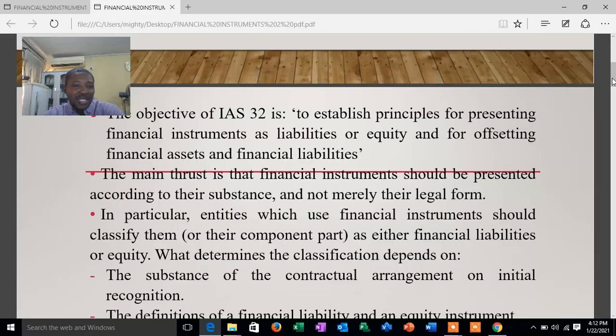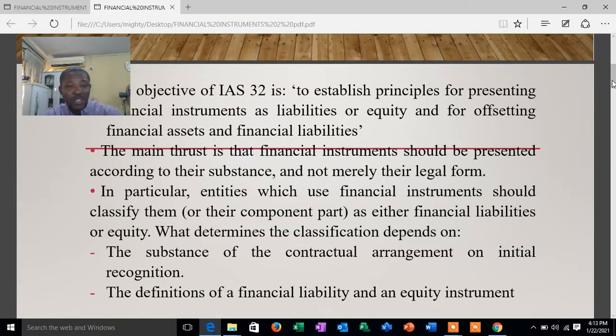That means the substance of that share is taking precedence over the legal form. Even though it is an equity in terms of legal form, in terms of substance, it can be a liability. So the main emphasis of this standard is that financial instruments should be presented according to their substance and not merely according to their legal form.